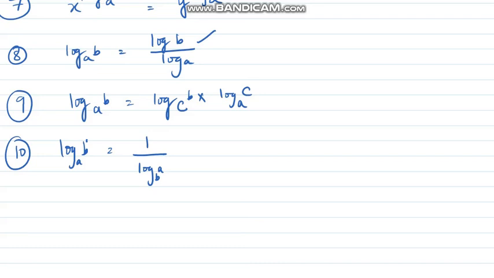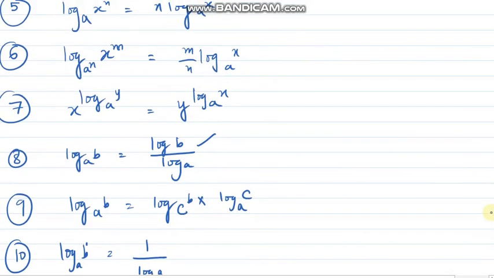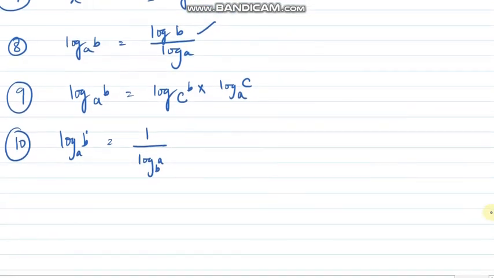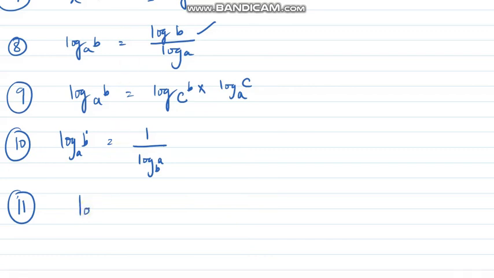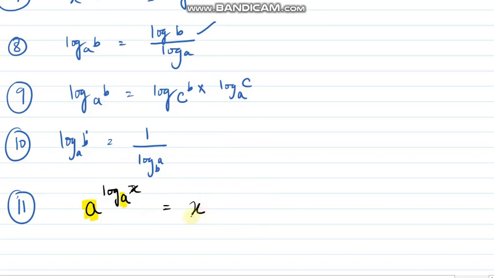One more thing: we need the next formula a lot in calculus later. Sorry, this is not exactly a formula for log, but the formula involves log. So a to the power log x to the base a: if these two bases are the same, this is a and this is also a, then the answer will be only x.